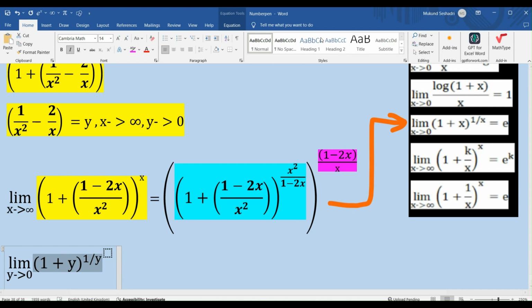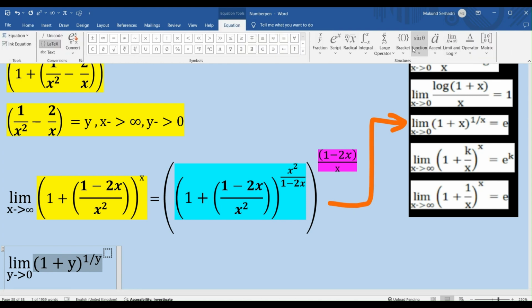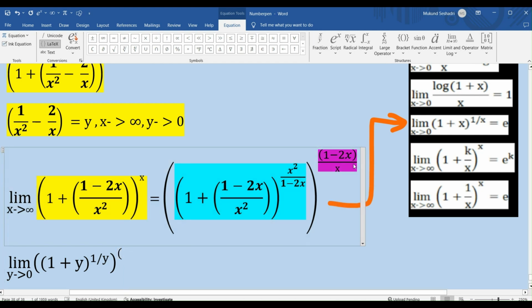So let's bracket this, and when I rewrite this, I get 1 by x minus 2. We have done this substitution only for the sake of simplicity. We do not have to replace the pink part, which is the exponential part, with a y component.